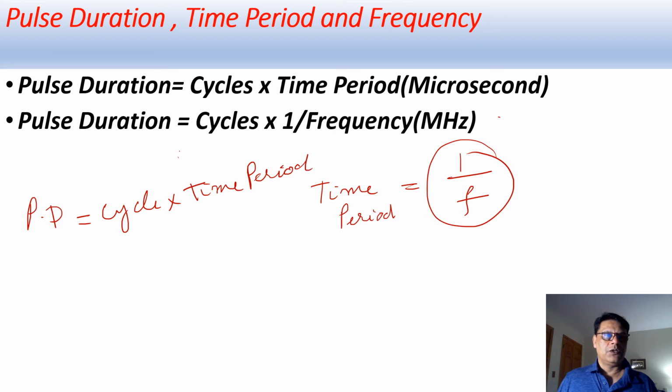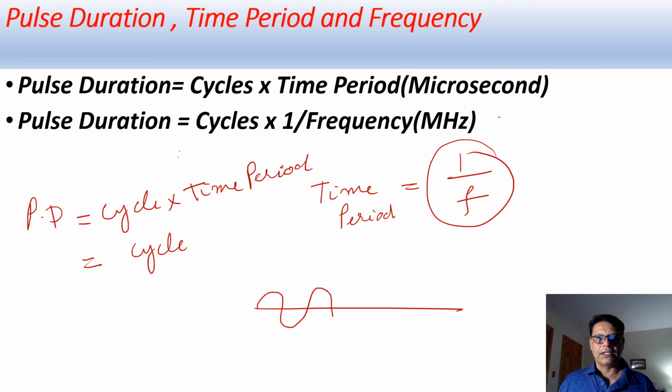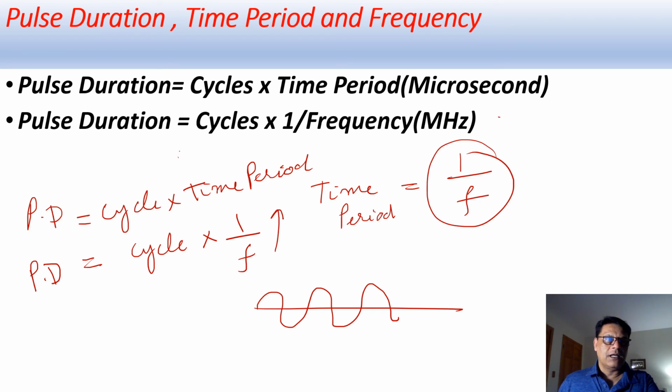Time period, you can write it like this: number of cycles, meaning the number of cycles in a pulse, multiplied by 1 over f, gives the pulse duration. It means if the frequency of the pulse increases, the pulse duration decreases. Or you can say that when the pulse duration increases, the frequency decreases.